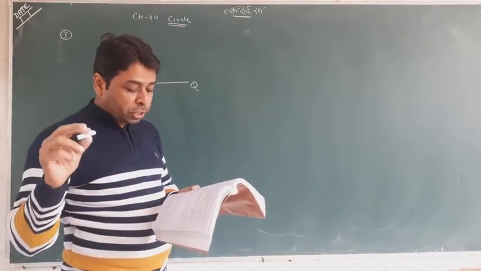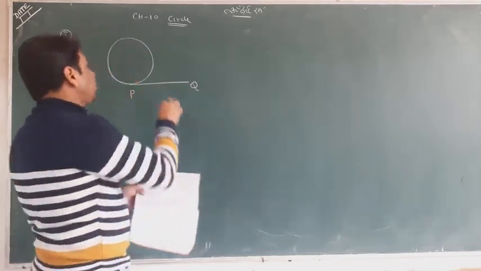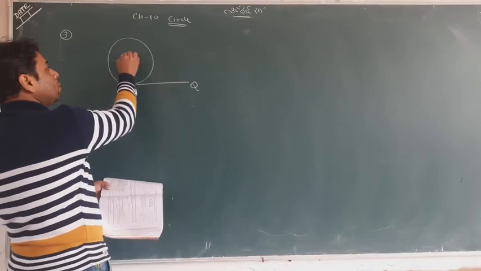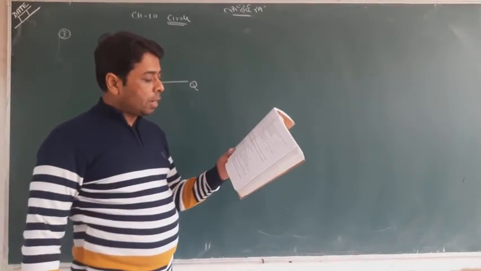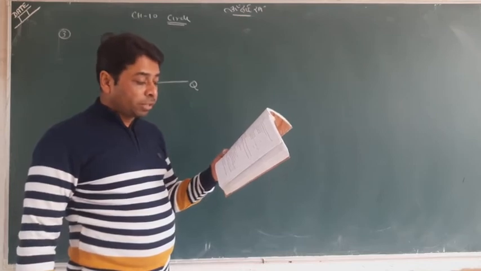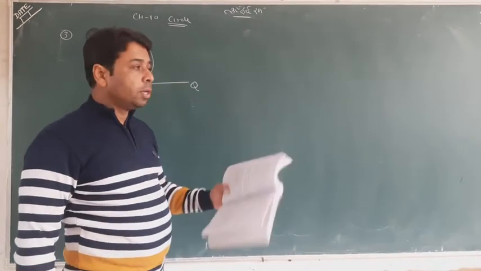A tangent PQ at a point P of a circle of radius 5, with center O, meets a line through the center O at a point Q. What does it mean?